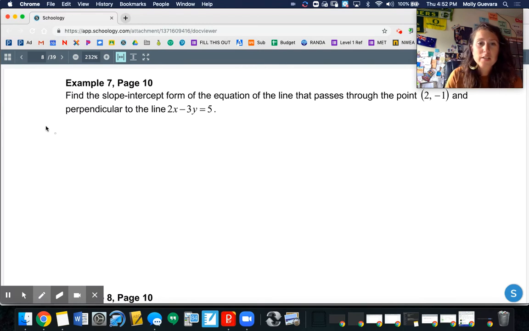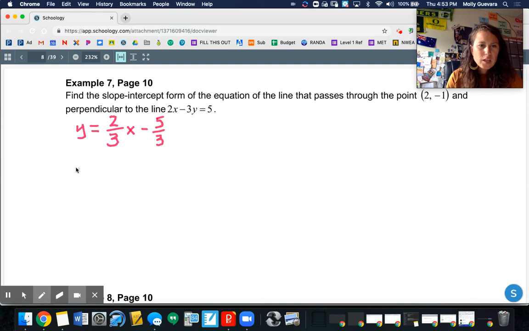Same equation, but we already wrote this in slope-intercept form in example 6. When we solved that equation for y, we got 2/3 x minus 5/3.